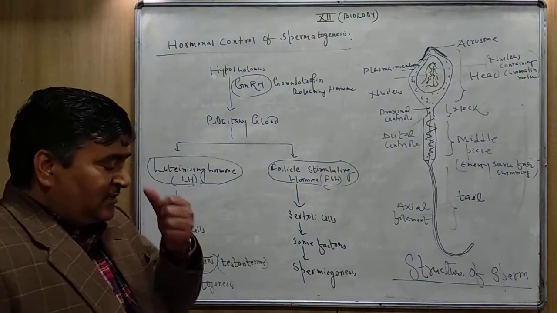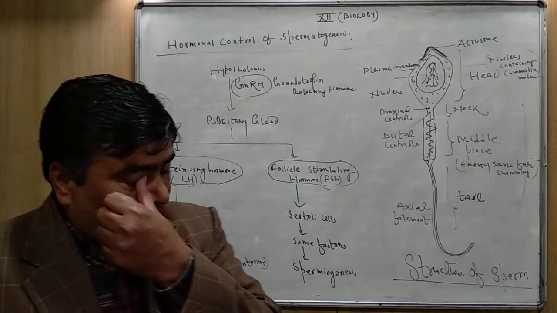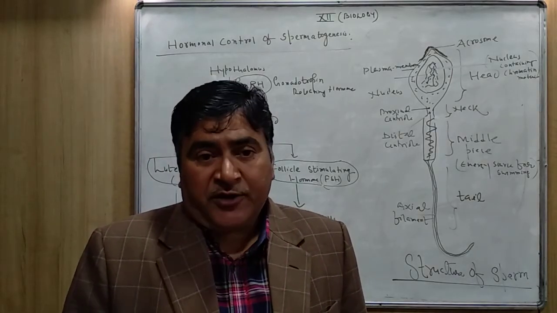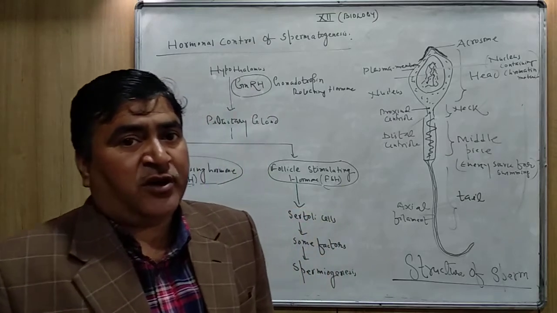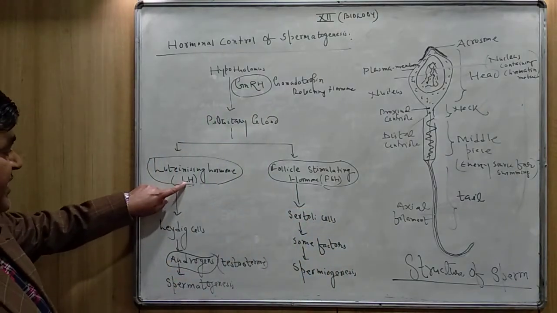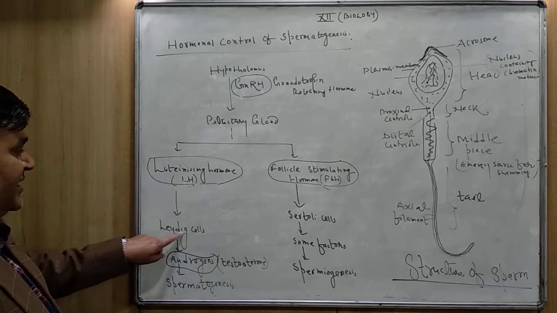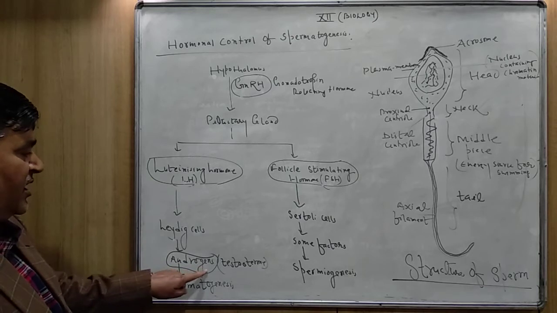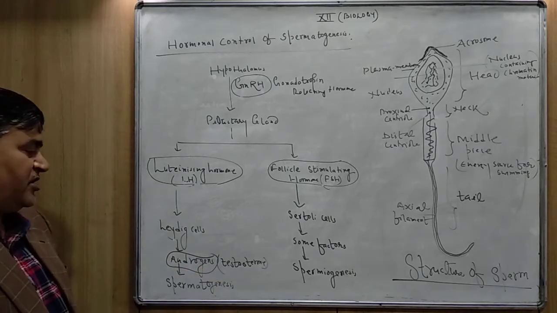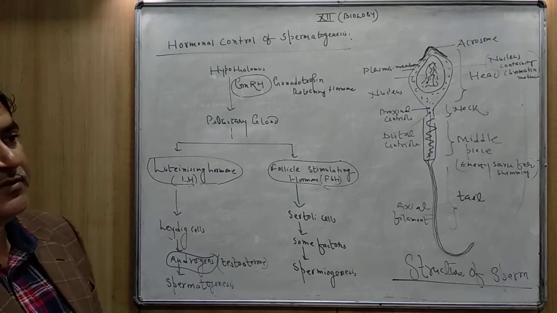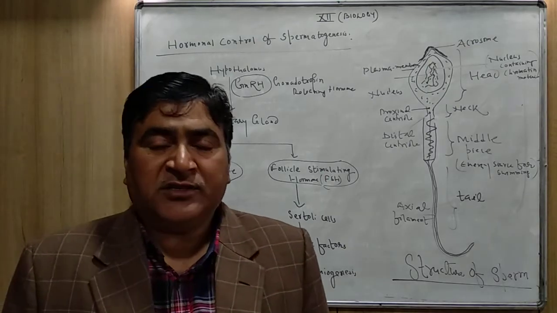The Leydig cells are the endocrine tissues which produce testosterone hormone, or you can say androgens. So this LH hormone stimulates Leydig cells, which produce androgens, or testosterone hormone, and this testosterone hormone is responsible for the process of spermatogenesis.